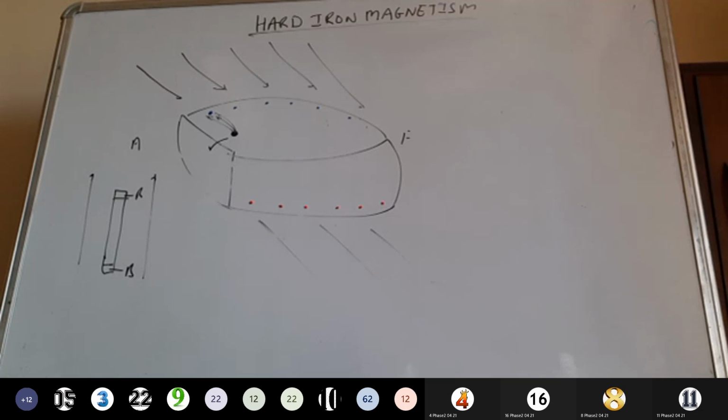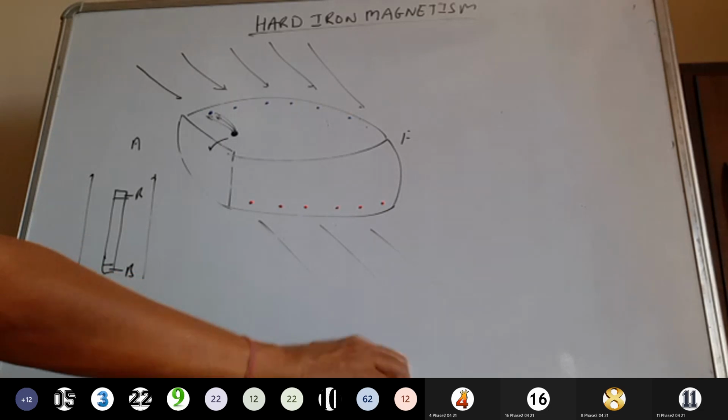That is hardly any reduction. We can say that once these blue poles and red poles have been acquired by the ship at the time of new building, they will be retained by the ship and will retain their position throughout the life of the ship. Understood? So it is like a permanent magnet. Okay.